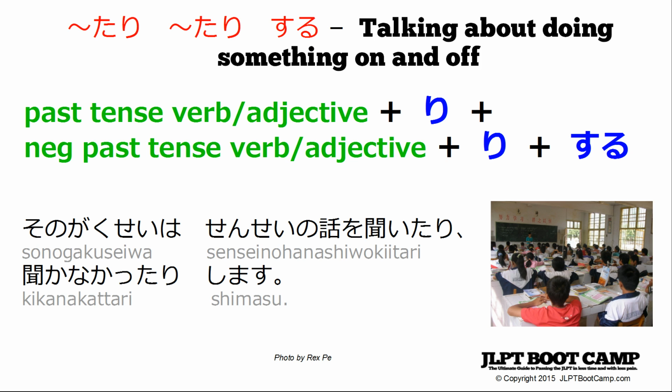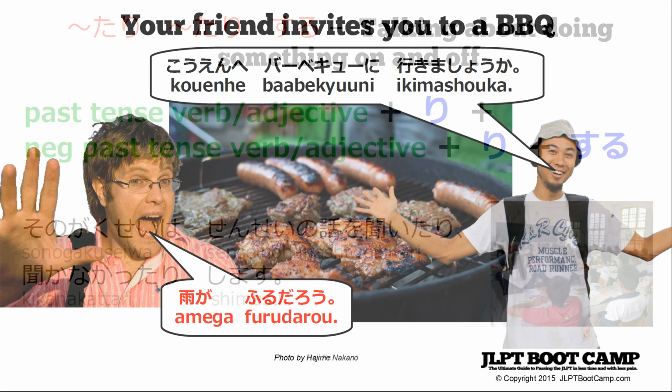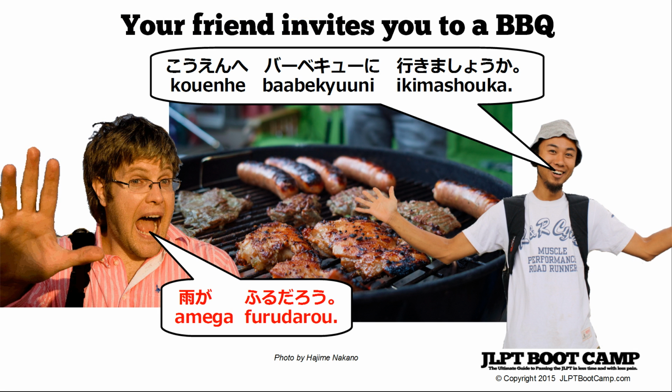So moving on, your friend asks you another question, wants to invite you to a barbecue, maybe today. So he asks, koen e barbecue ni ikimashou ka? So koen is park, e is in the direction of, which is linked to the end here, iku, to go, so you're going in the direction of the park.